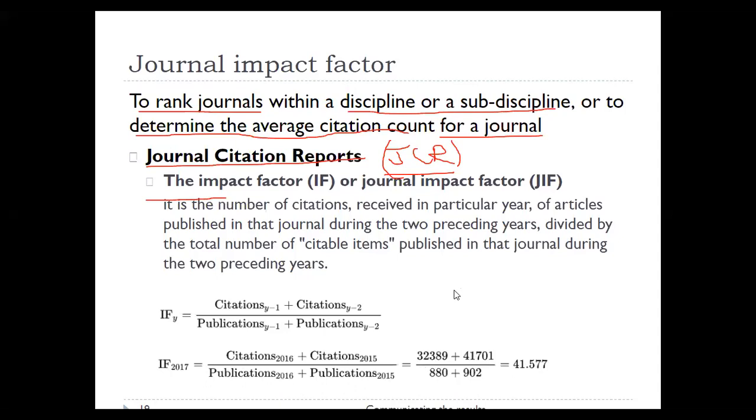It is the number of times the journal received citations. And now if you publish a research paper in such a journal with a high impact factor, it means your research article has a high value, right? Because these journals have a publishing policy. They decide which quality of research should be published in their journal.